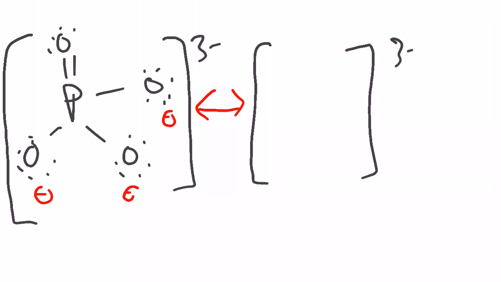And what you could do is push in a pair of electrons to share a double bond with phosphorus from this oxygen on the upper right, and then these electrons that are in the double bond with oxygen and phosphorus, one pair of those electrons can push back up to oxygen.